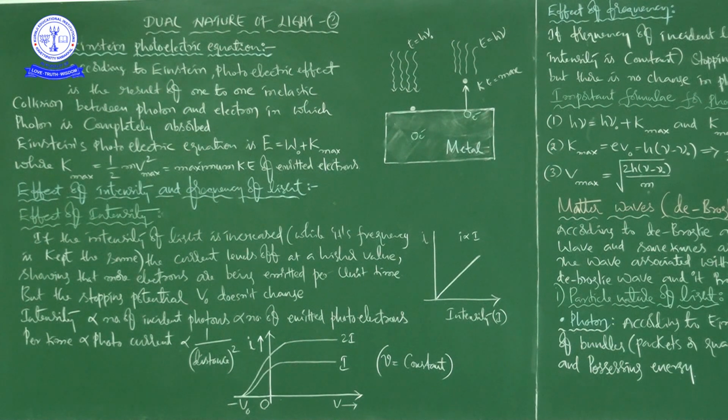So K maximum is equal to 1 by 2 into m into V maximum square. That is the maximum kinetic energy of emitted electrons. And you can see here the radiation which is coming and the electron which is going, right?